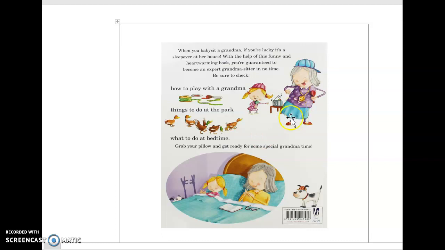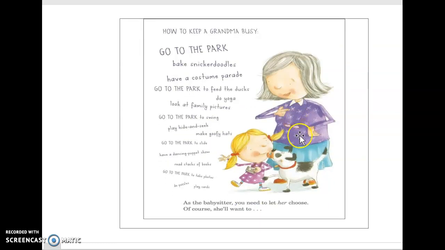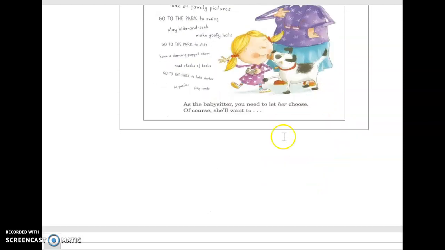So you choose one of the pictures that you like of the grandma, maybe in bed reading to her granddaughter, dancing, or at the park, and you draw the picture in the middle of your sheet of paper. So you're drawing grandma as best you can and not too small in the middle of your sheet of paper. And underneath your picture, you're going to write 6 adjectives that would describe the grandma.